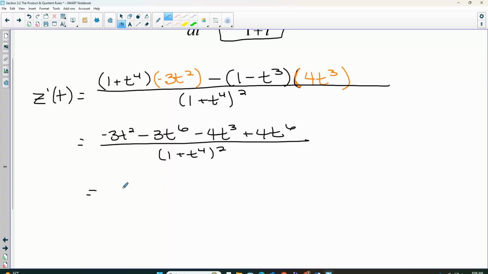So combining like terms. Negative 3t to the 6 and 4t to the 6 is t to the 6. That's my 4t cubed minus my 3t squared. Over 1 plus t to the 4th.